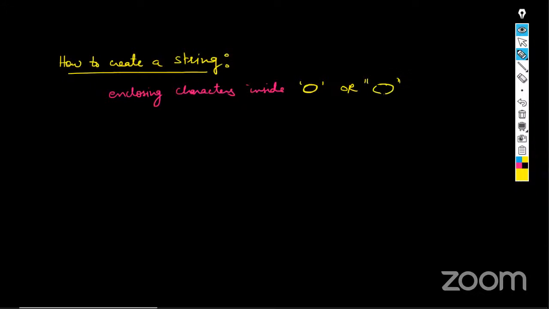Again, you will write a group of characters, or sometimes you may use triple quotes as well, and here you can use a group of characters. So all these three methods are going to create a string.